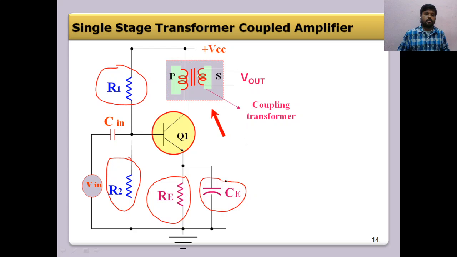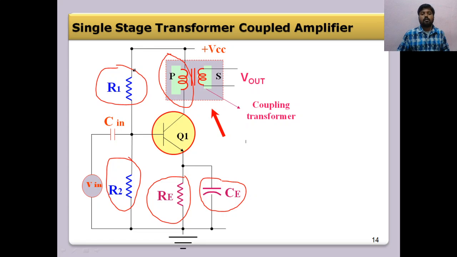The only difference is that instead of RC, the collector resistor, we are now using a transformer. The primary of the transformer is replacing the RC of this transistor amplifier.